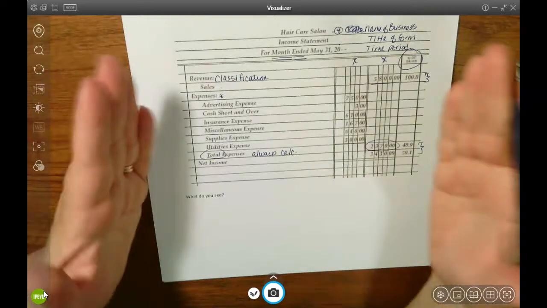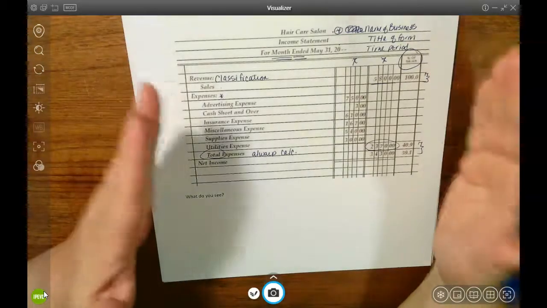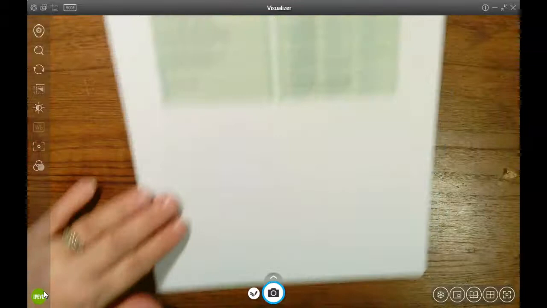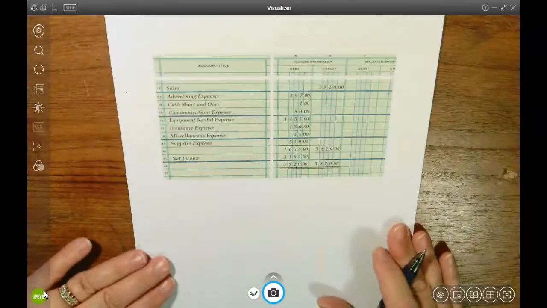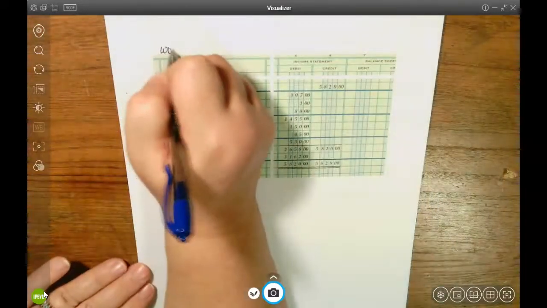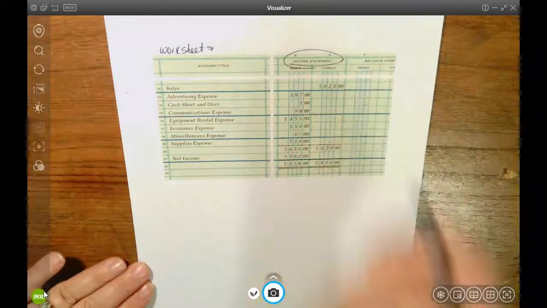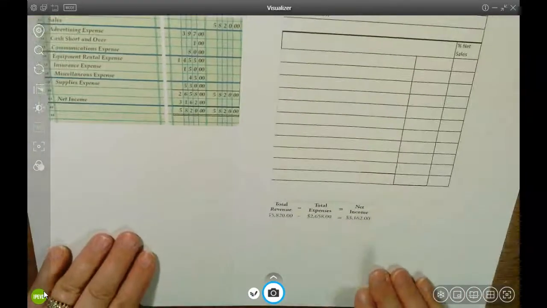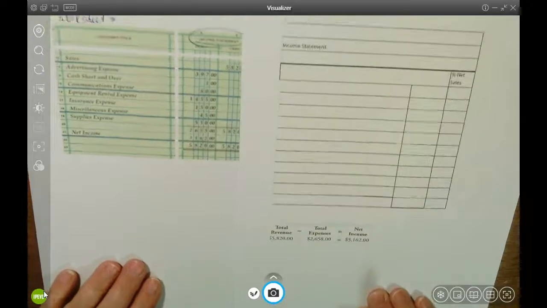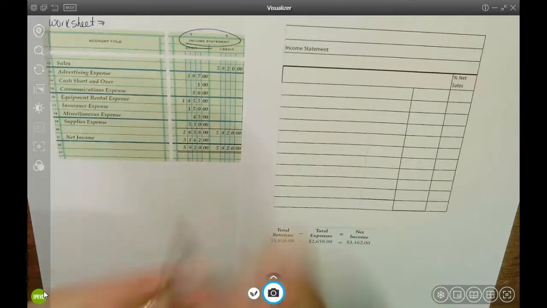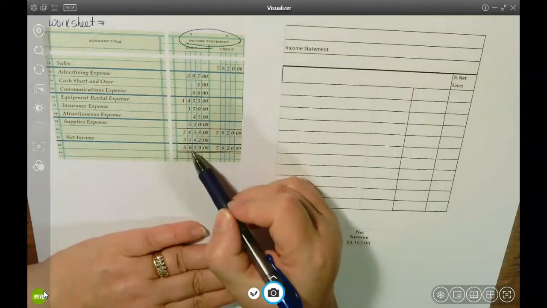So what we're going to do now is we're going to take this format. We are going to use the financial information from the worksheet, the income statement section, and we are going to create an income statement based on the financial information given here.